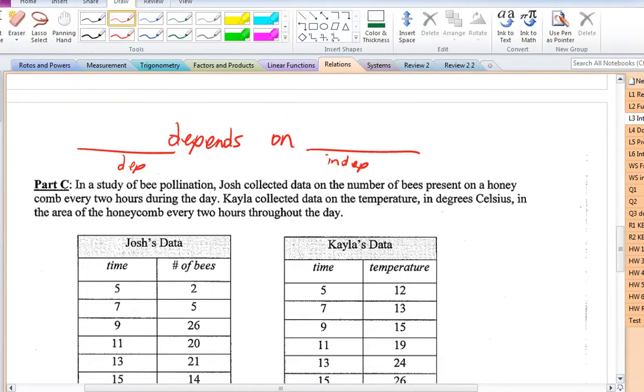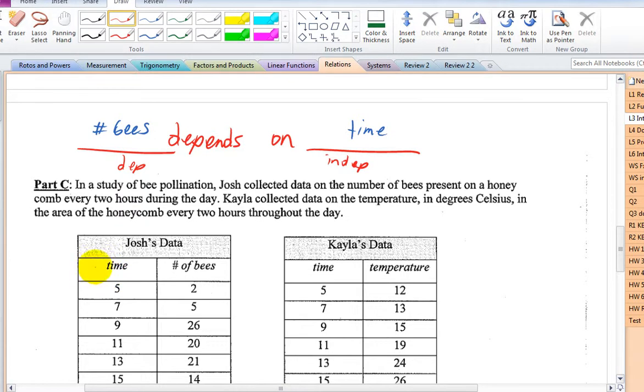So let's put in here: time depends on the number of bees. Is that correct? No. So they should be switched. We take time, we put it over here. We take bees, put it over there. There you go. The number of bees depends on time. Is that correct? Well, it sounds a lot better. It is correct.